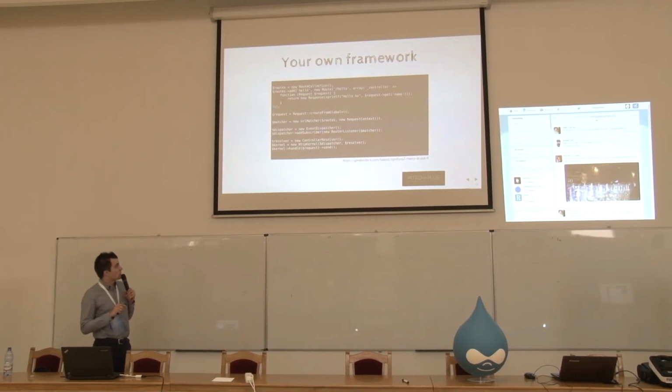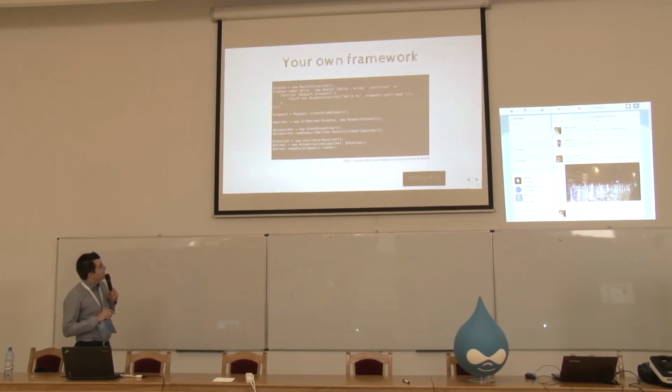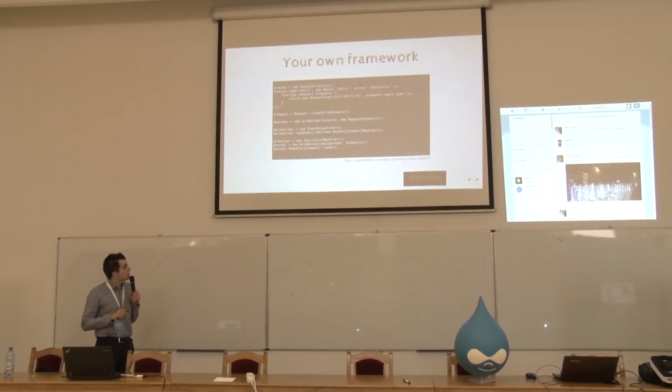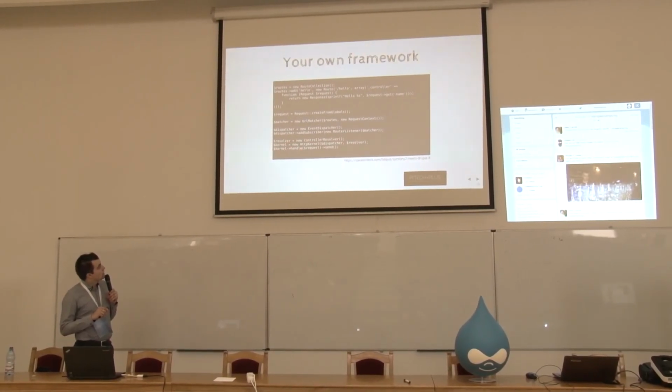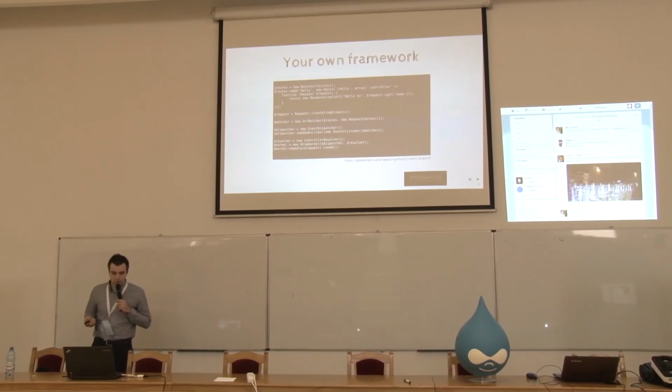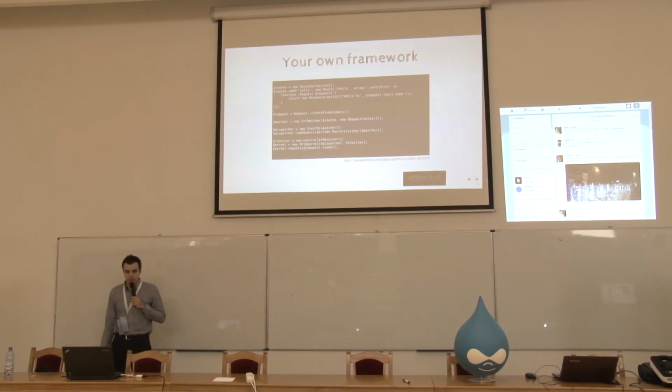This is the router listener. It resolves the controller, which means that it's going to call this function. And then you have the kernel, which handles the request, and then it sends it. And that's it. This is a simple one-file framework that you can implement.